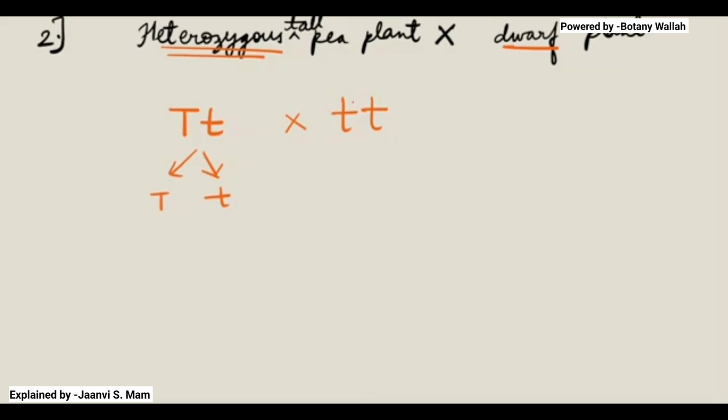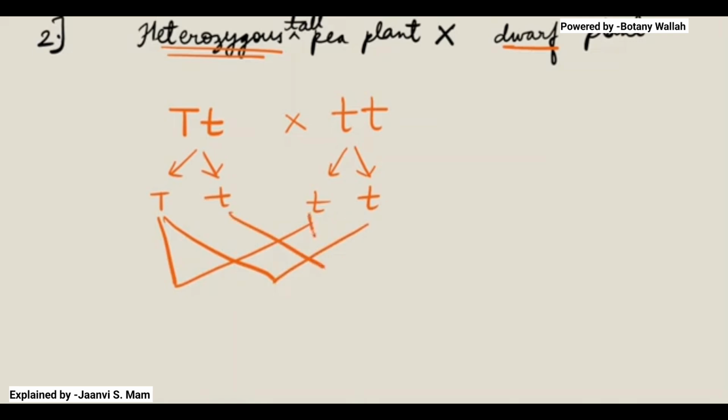And here, since these two are similar, you can take both gametes also here, no problem. So this will be capital T crossed with this capital T. Even if you don't take these two, it is also fine. If you take only one, I will show both ways. There will be no such change.